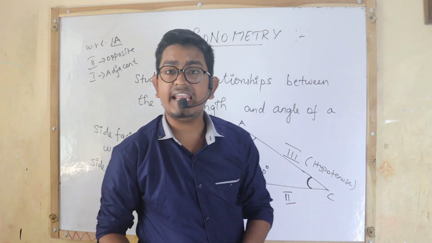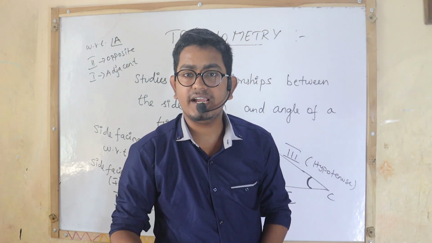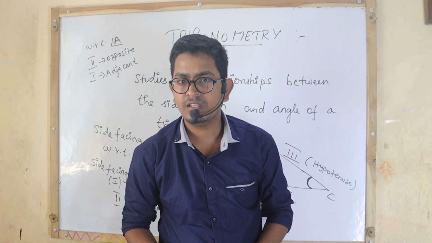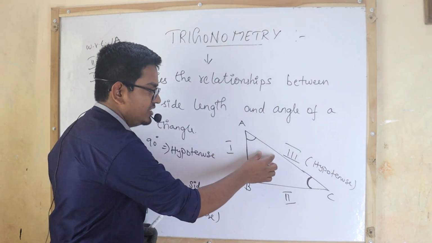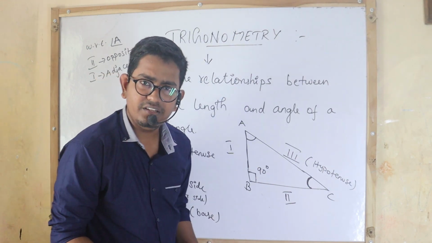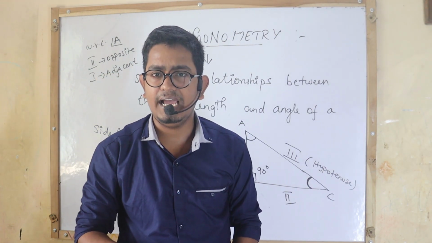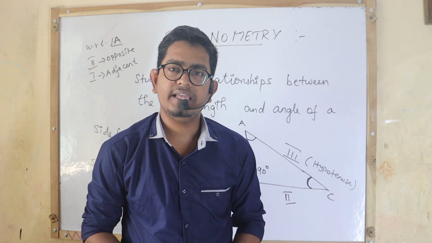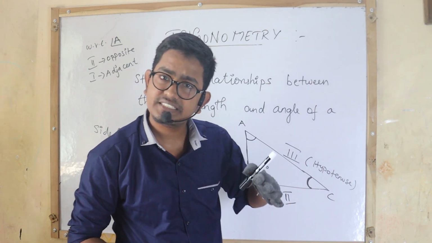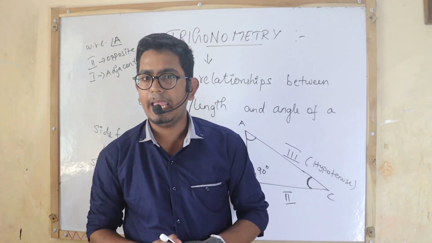So the opposite and adjacent side selection depends upon which angle you are referring to, right? Now it's clear. Based upon the angle you are referring to, you should choose the opposite side and the adjacent side, and the hypotenuse will always be constant. That means the side which is facing the 90 degree angle will be known as the hypotenuse side.